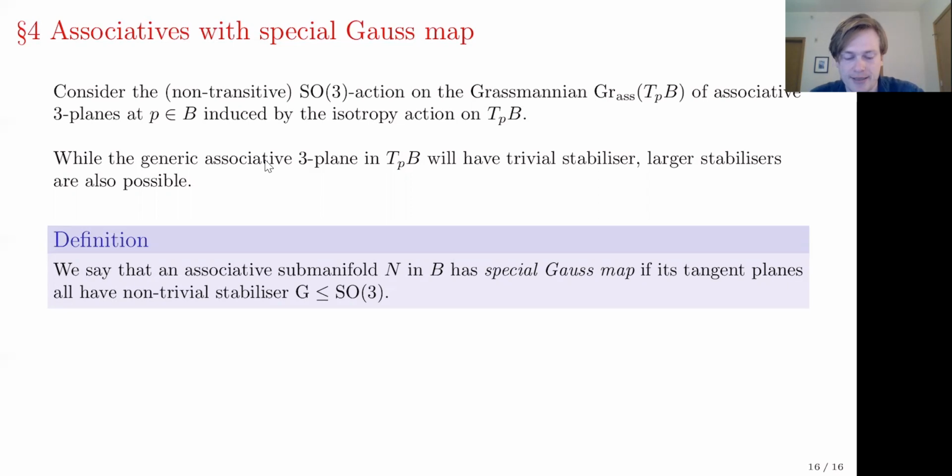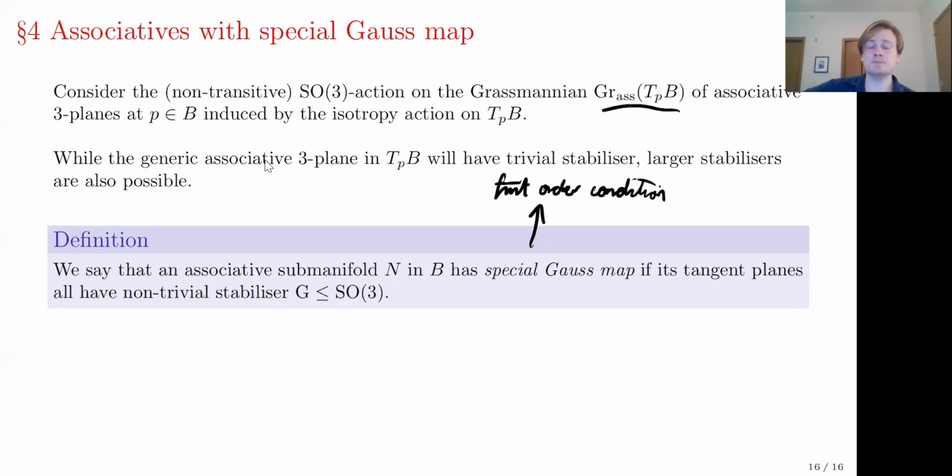So this is a condition on the tangent planes of N, and you're asking them to lie in these special SO3 orbits on this space. So this is a first order condition, because we're asking for some condition on the tangent planes of N.